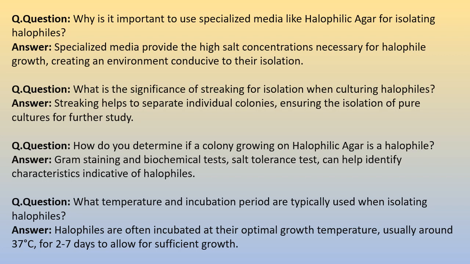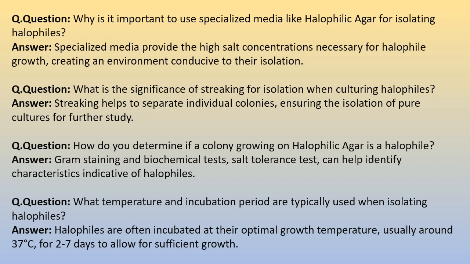The best way to check is to go directly for a salt tolerance test. But also with that, you can go for gram staining and biochemical tests. Read your Bergey's manual. Try to check whether the genus that you have identified is actually a halophile or not.